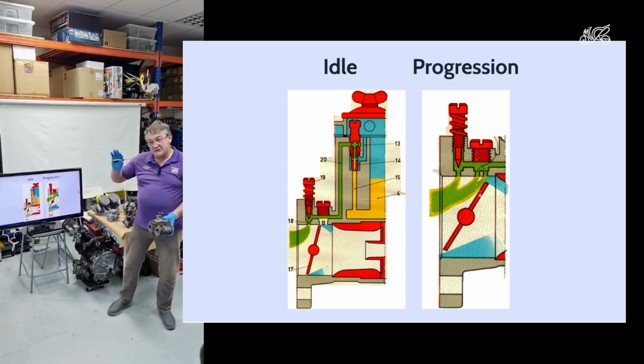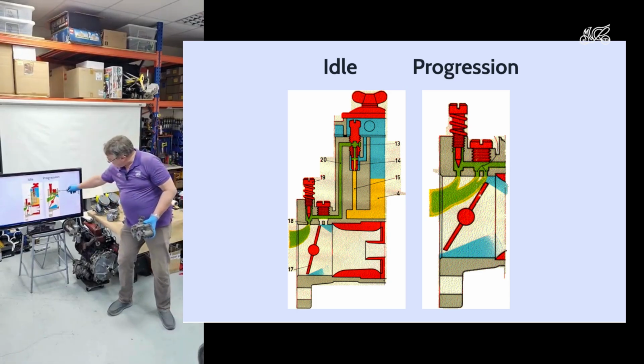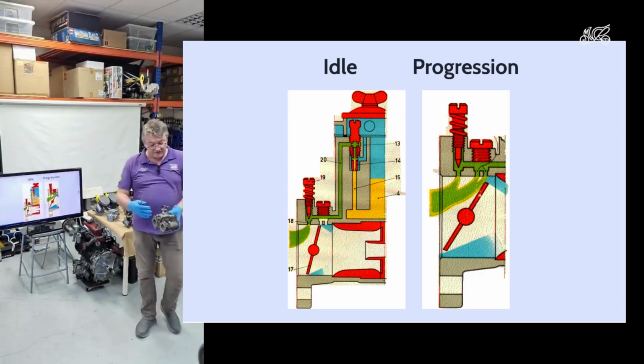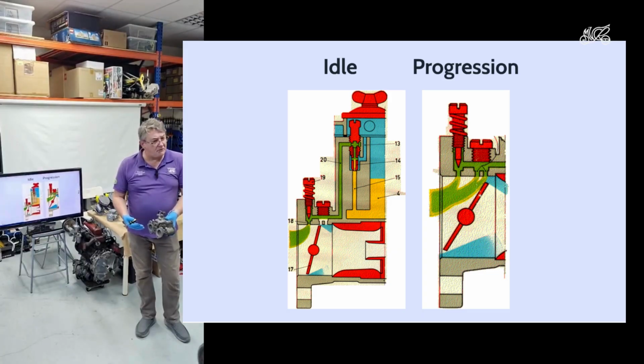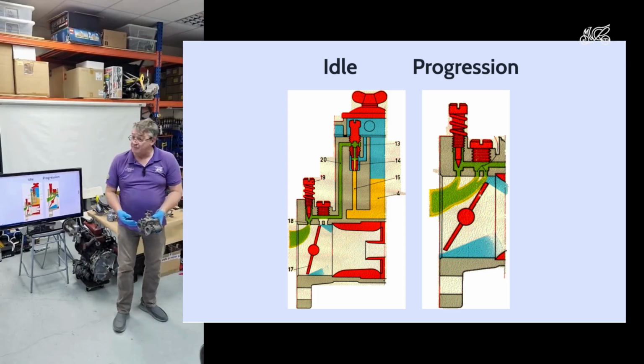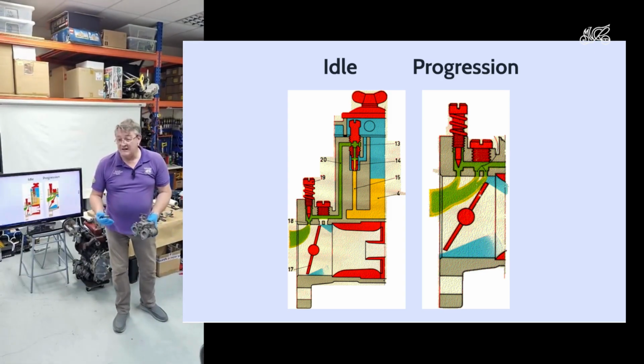So to make the car idle well, you need to get that right. And then as you come off idle, it can misbehave a little bit, not be happy. And so by controlling the progression drillings here, you get a little bit of fuel just as it comes off. So you can see it's already quite a complicated thing. The principle is simple, but actually to get it to work over all engine speeds is already tough. And then you can add the complication of cold starting.